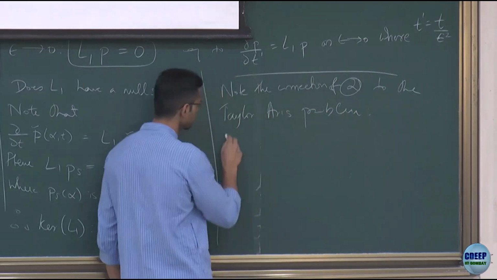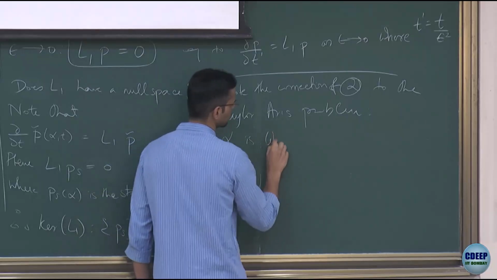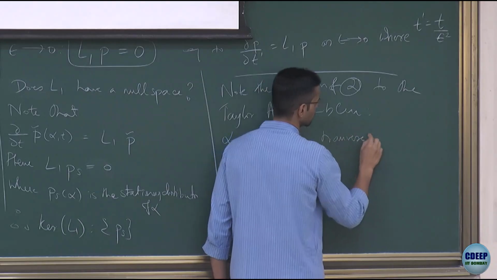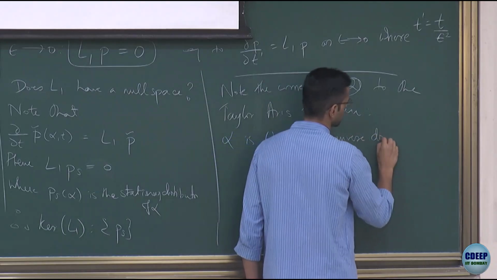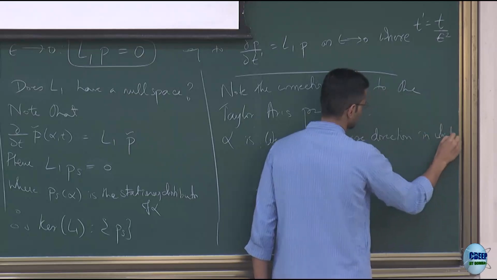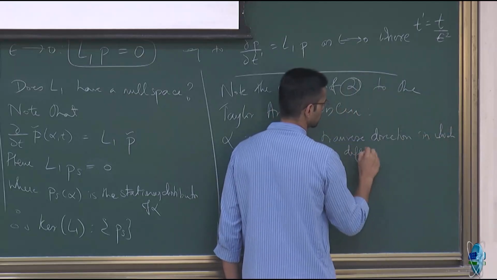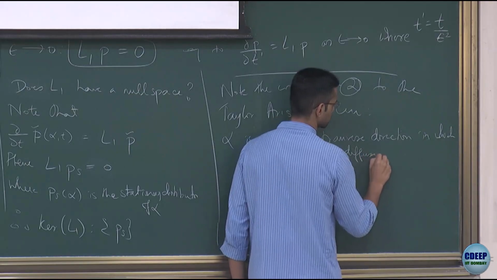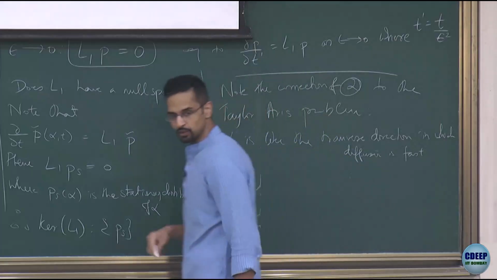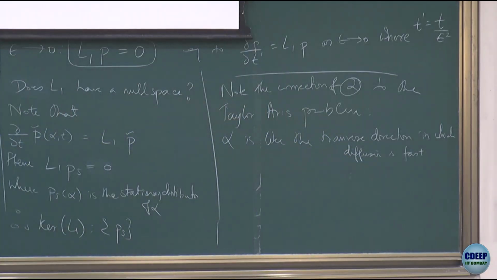Okay, so what I want to say, alpha is like the transverse direction, right, in which the diffusion is fast. So in the Taylor-Harris problem, we did it in a pipe, right?